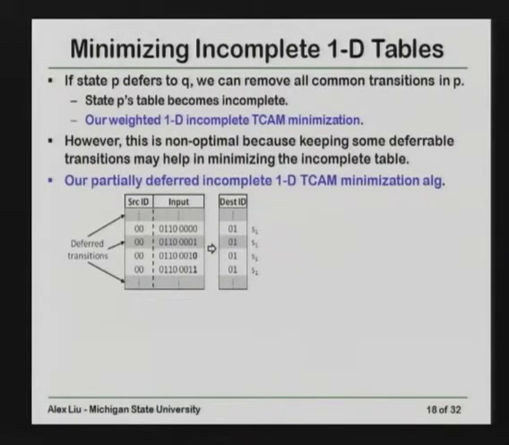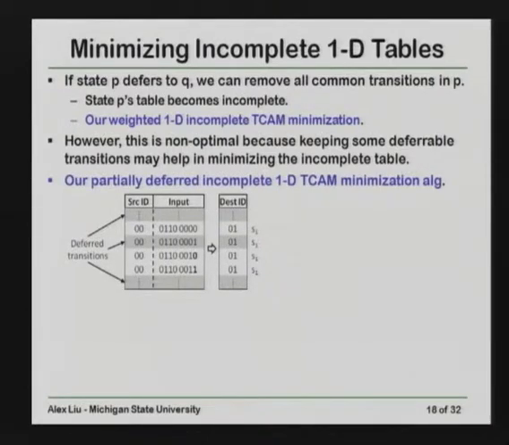One algorithm that we proposed is the weighted 1D incomplete table minimization. The basic idea is that we add one rule at the bottom that matches everything for this table, and we assign it an extremely high weight. Then we do the 1D optimization, because it becomes a complete table, and that optimization algorithm will guarantee that the last rule stays last.